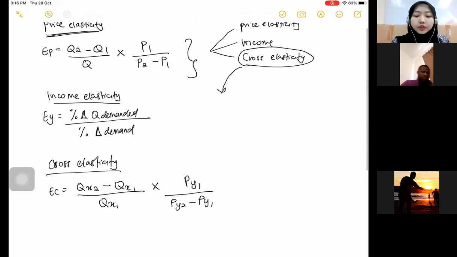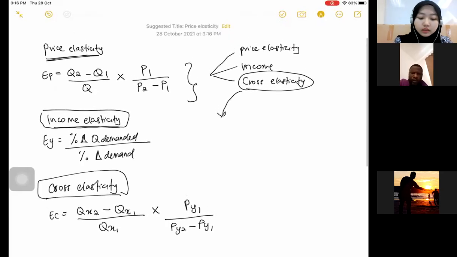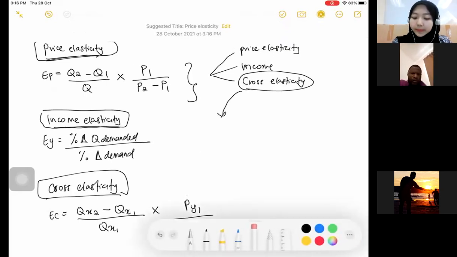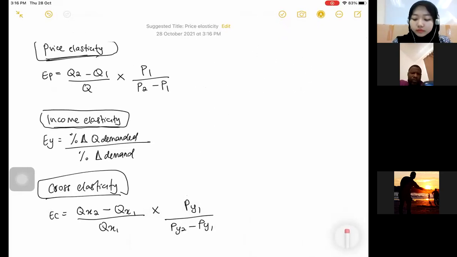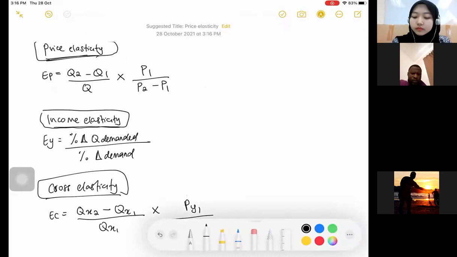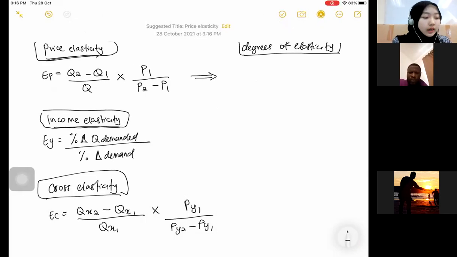And then remember, each of the elasticity has its own degrees. Degrees of elasticity. As for price elasticity, you will have 5 types.